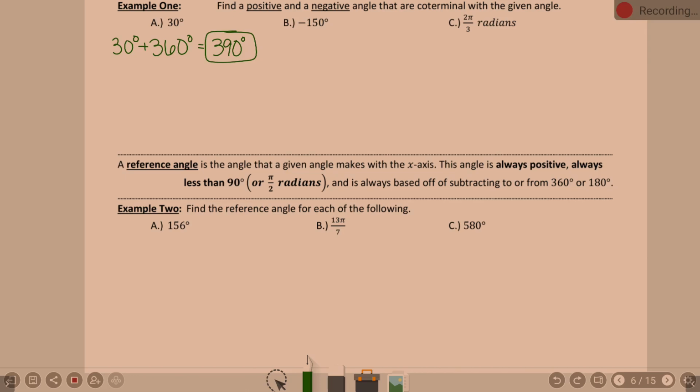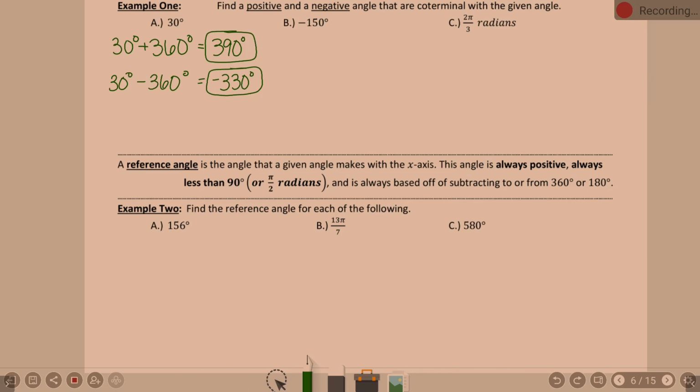But then if you take 30 and subtract 360, what is 30 minus 360? Negative 330 degrees. So the argument is that 30 degrees, 390 degrees, and negative 330 are all the same angle.